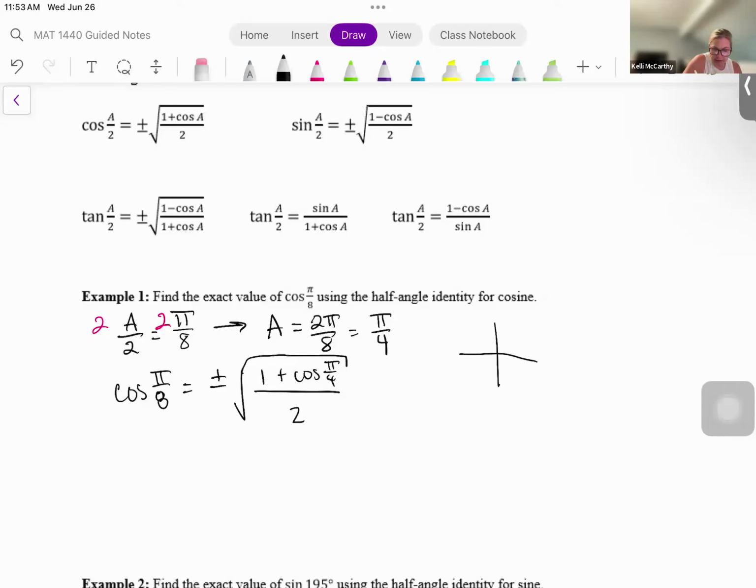If we think about our unit circle, the positive x-axis is 0 radians, positive y-axis is pi over 2. So pi over 8 is in that first quadrant, which means that cosine of pi over 8 is going to be positive. Pi over 8, again, somewhere in that first quadrant.